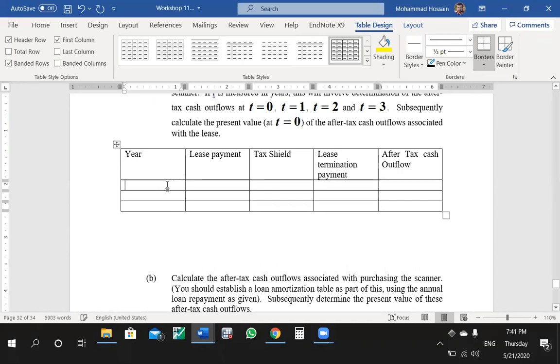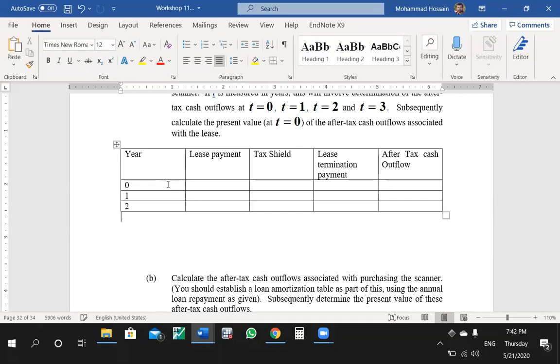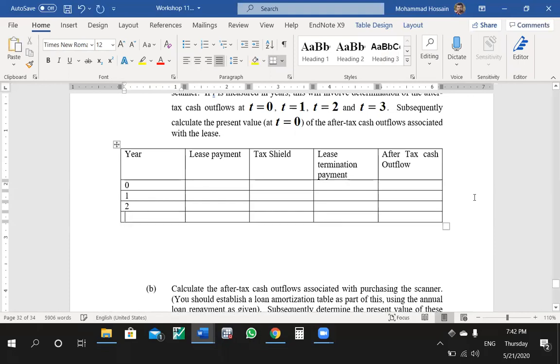So we have year 0, 1, 2, 3. Okay. How much is the lease payment? Lease payment is $54,000 every year. We have to pay at the beginning of the year.